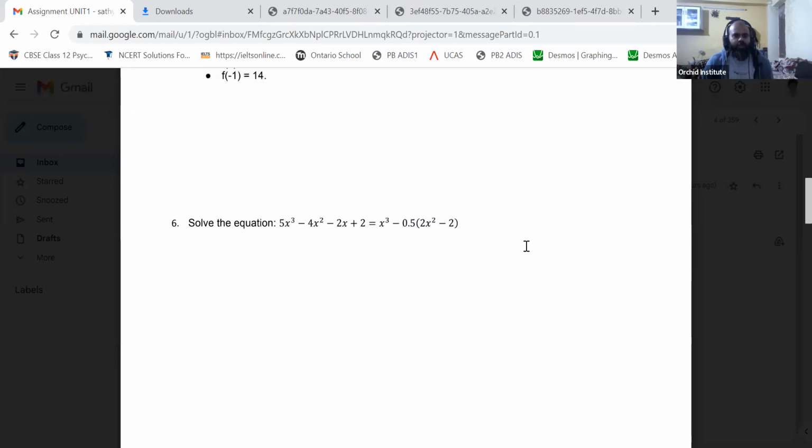You have to just multiply 0.5 by 2 and 2 here, and then take everything on the left hand side and proceed. We should find x. Okay, so first I'll multiply 0.5 into 2x square and 2. And then take all the terms on the left and try to factorize them.